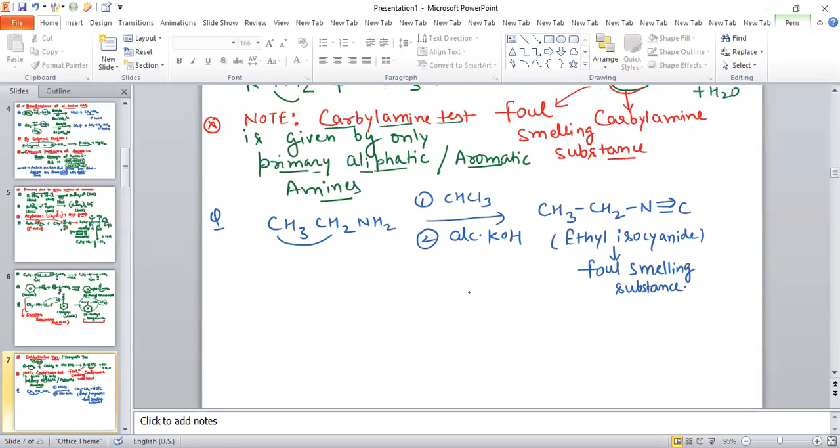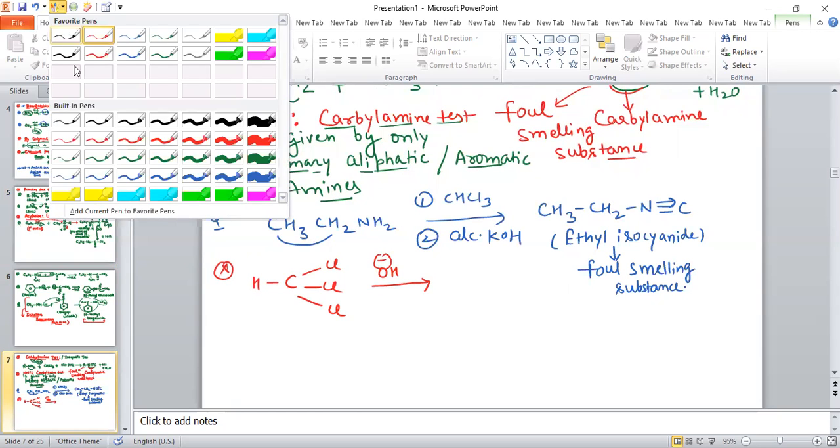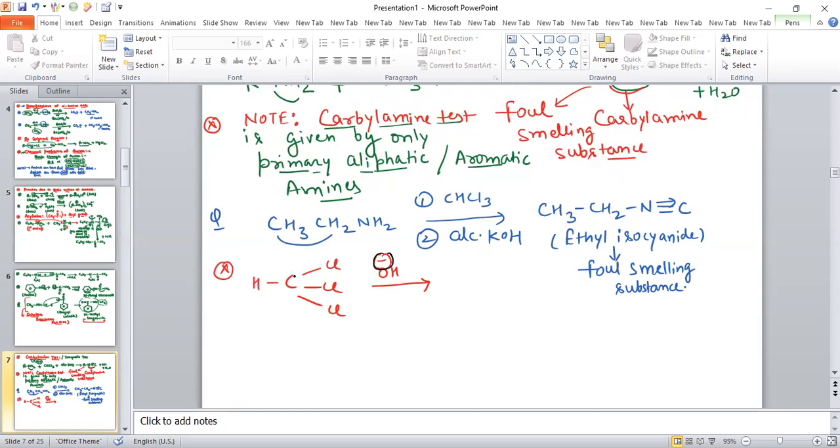In the same way, you can also be asked what the intermediate obtained is. Chloroform is CHCl3, and because a base, OH minus, is used in the reaction, this strong base will remove the acidic proton, as an acid base reaction takes place.